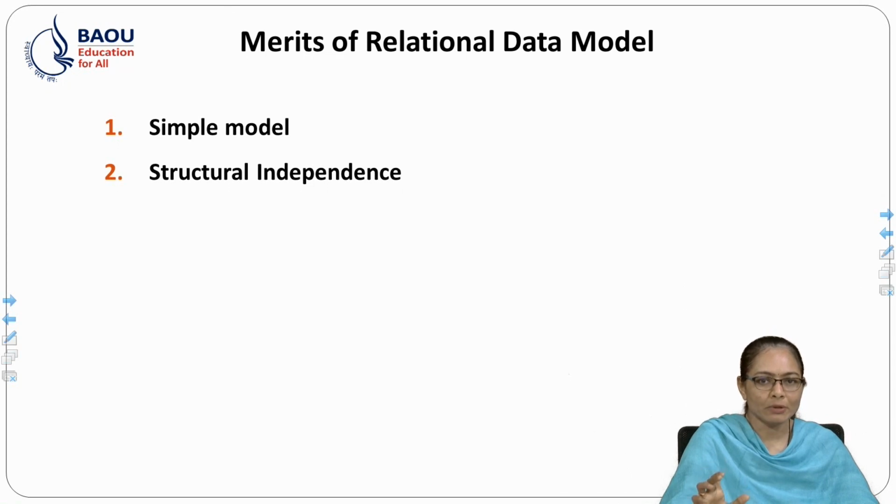The tabular view of storing and managing the data is an easier way of fetching from the table or database. Next is structural independence. Here the relational data model does not depend on navigational data access, hence changes in a table structure do not affect the data access.